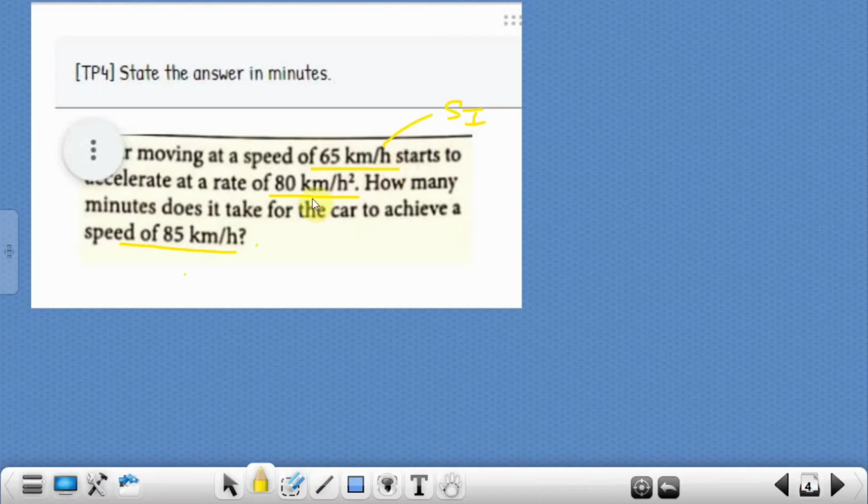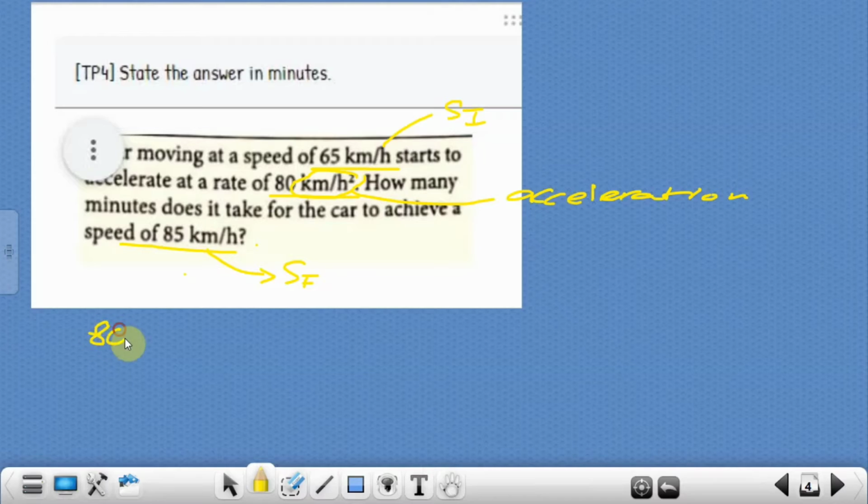It starts to accelerate at a rate of 80 km per hour square. If you look at this unit, this is the unit for acceleration, so this one is the acceleration. 85 km per hour is the final speed. How many minutes does it take to achieve 85 km per hour?